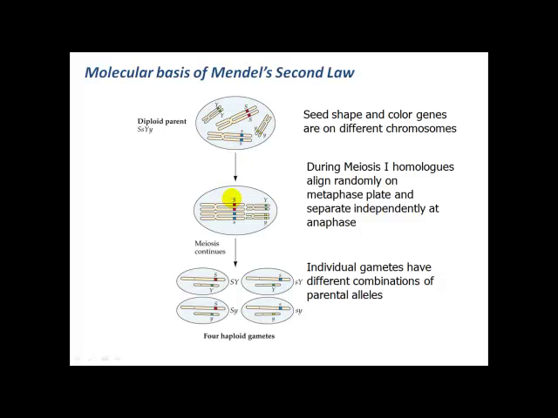So here we see a germ cell undergoing meiosis in which the homologs for the S gene have aligned in such a way that this chromosome carrying the dominant allele is going to be going up during this segregation. This chromosome containing the recessive allele is going to be going down. And just by random chance, we just so happen to see that the chromosome containing the Y allele is going to go the same way as the chromosome containing the dominant S allele, right? In this particular alignment possibility.